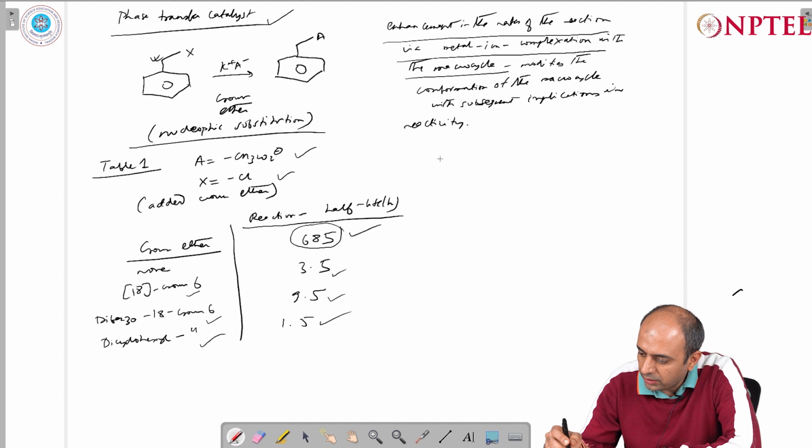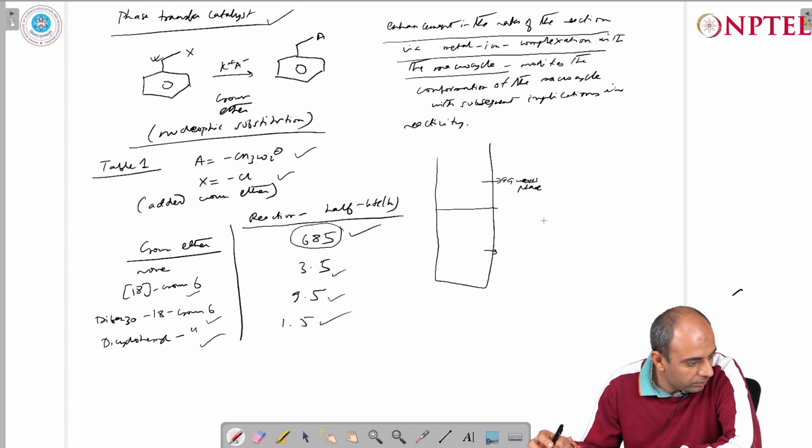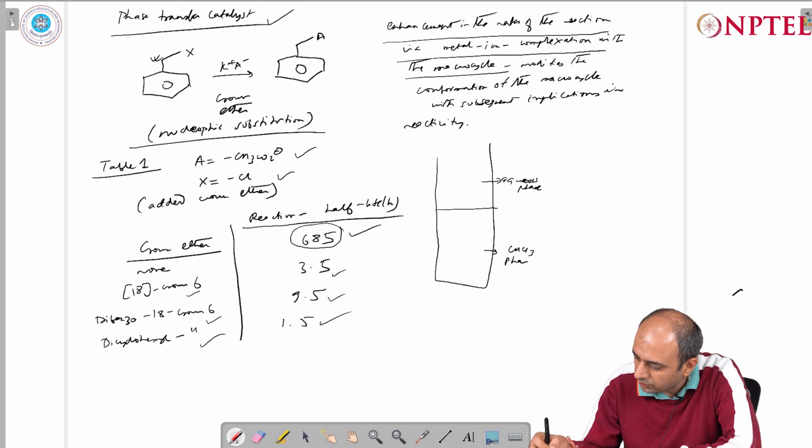To start with, let us consider the reaction vessel in the following way. We have this as the aqueous phase and this as the chloroform phase, the organic solvent.